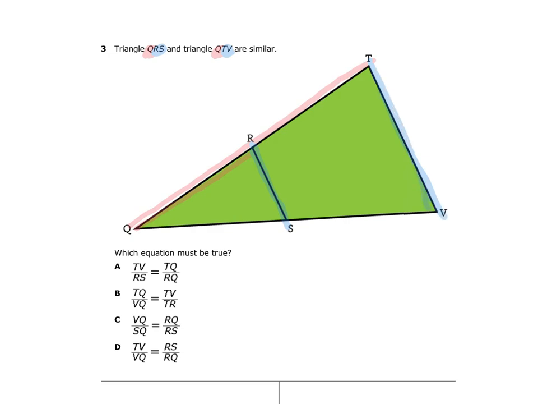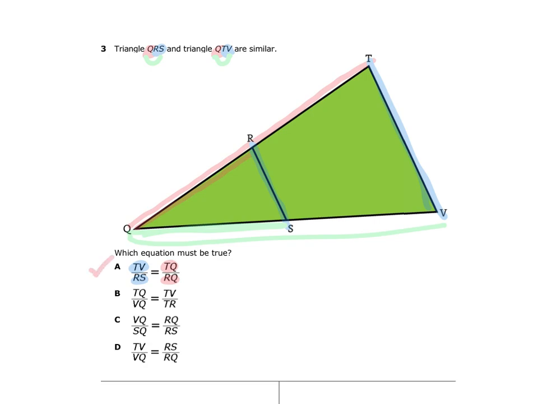And then the bottom side we have QS, so the first and last, and then QV right there. So now I'm going to color code my answer choices. TV is blue, RS is blue, TQ is red, and RQ is red. So this one is a maybe.